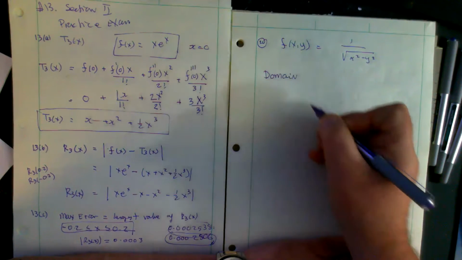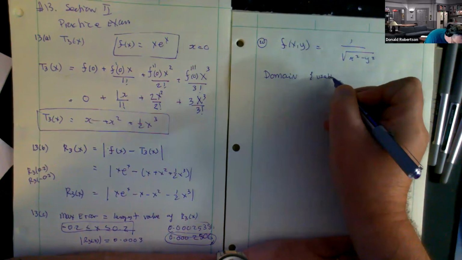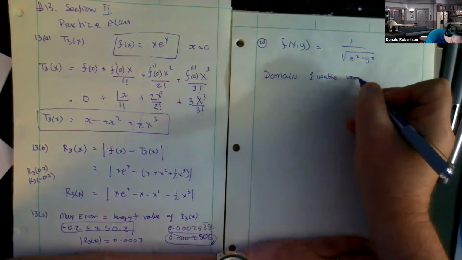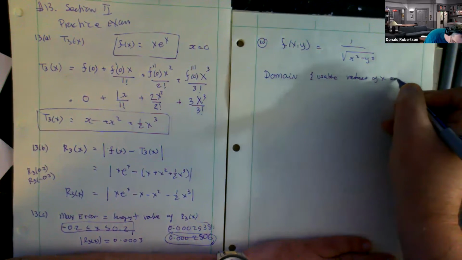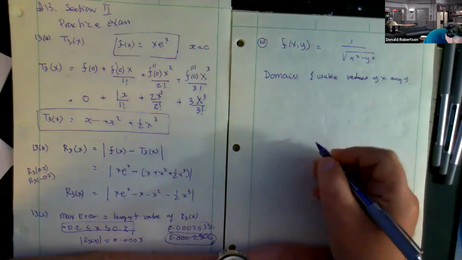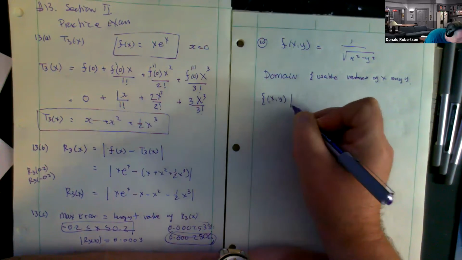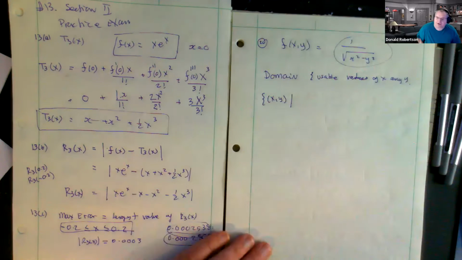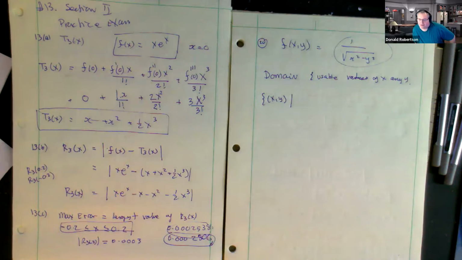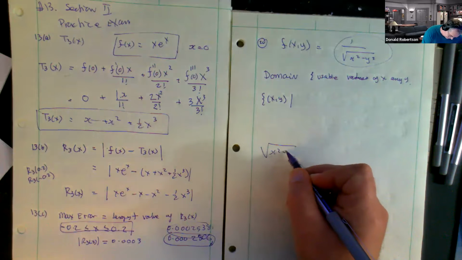Domain? Okay. Right. So the domain is going to be, in English at least, usable values of x and y. So we are going to set, using interval notation. What does that look like? Right. I have a fraction. Fractions are okay unless the bottom is 0. Great. So I'm just going to focus on that guy.